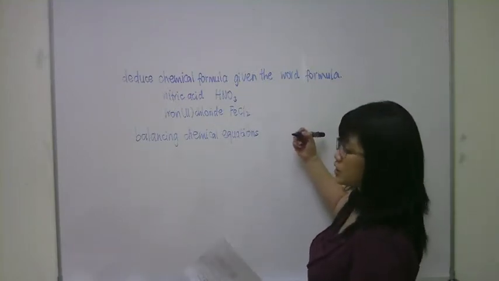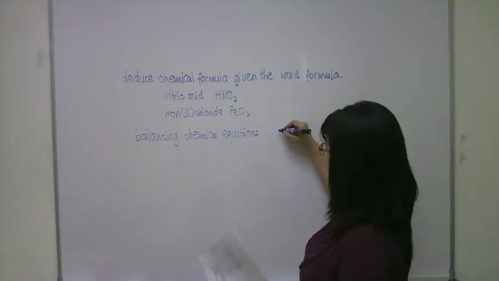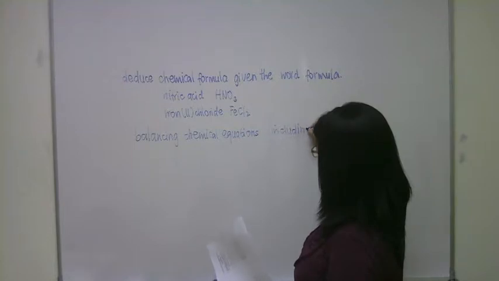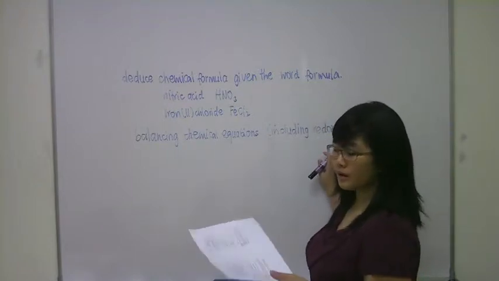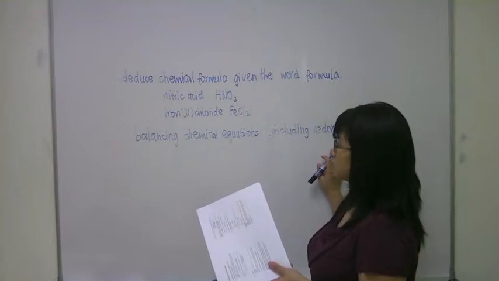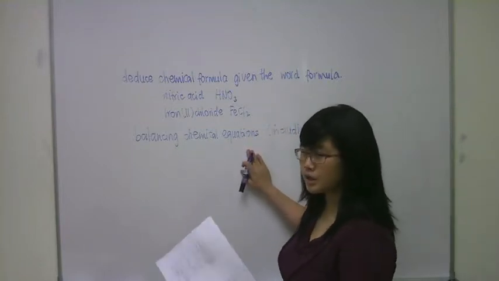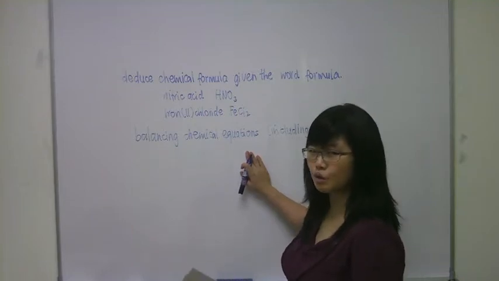That's when the reaction involves reduction and oxidation. So probably this is one part that you have to go through with them more thoroughly. So these are the two important preliminary knowledge that your students should know.